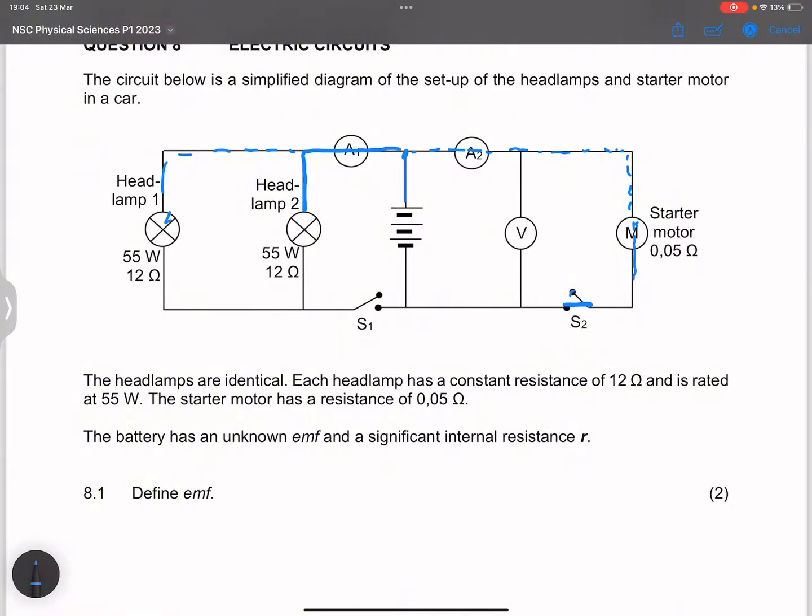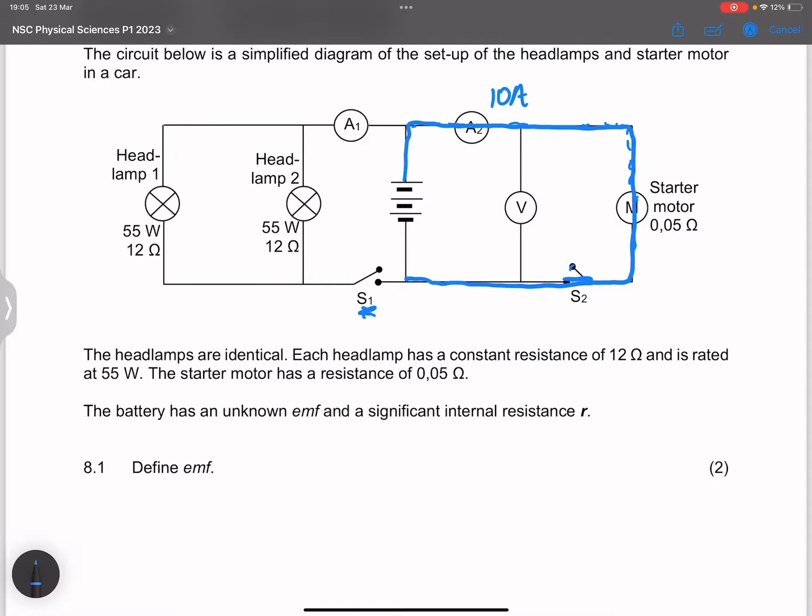Actually, no. With switch S1 open, there would be no current that flows through to the other side. So current would only go in this direction, to the starter motor. They say the reading on A2 is 10 amperes, and it makes sense. All the current would go there.